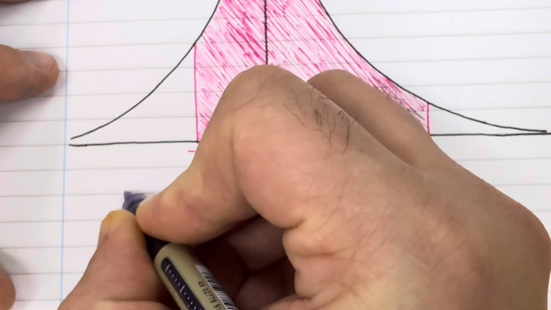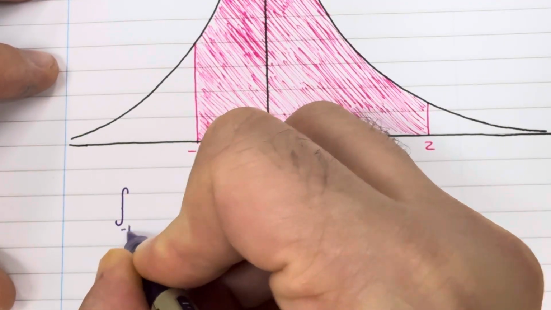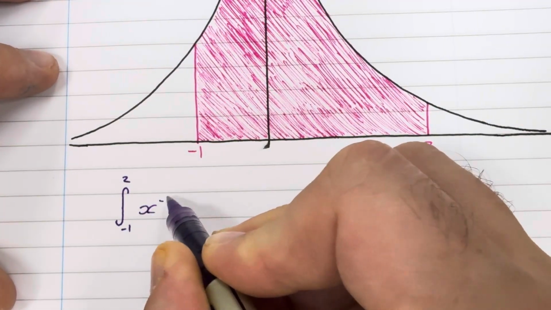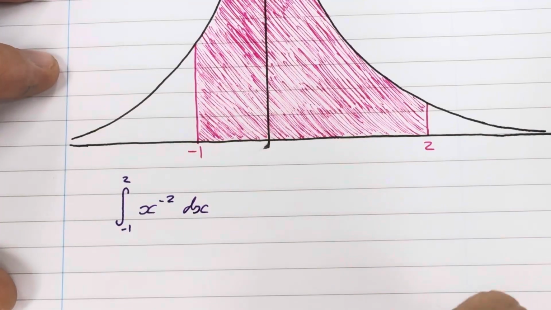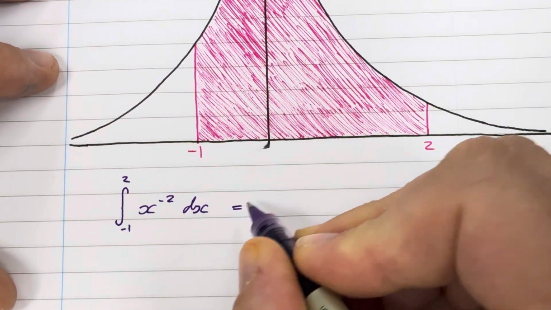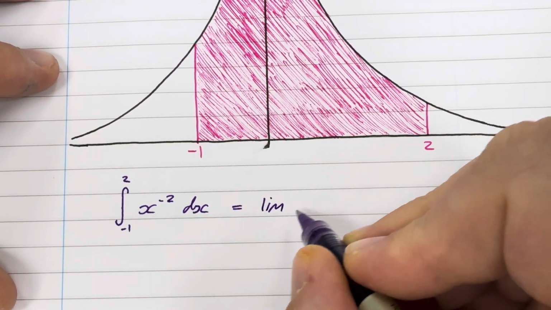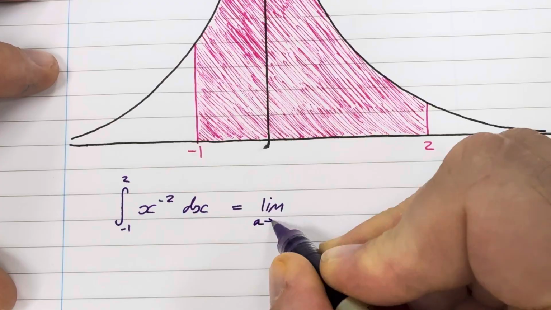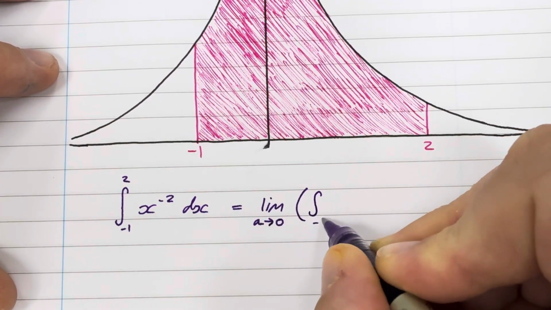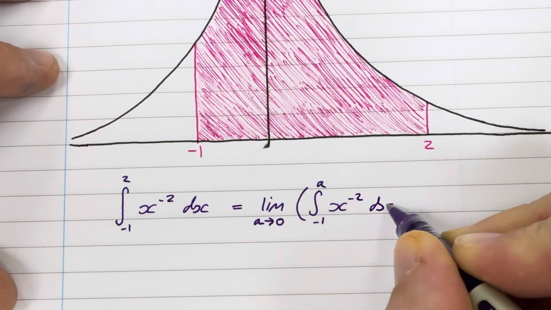So when you're dealing with an improper integral that has a vertical asymptote, so in this case it's when x is 0, then what we need to do is split the integral up into two pieces if the asymptote is in the middle, like it is here. And we're going to take a limit as a tends to 0 of the integral from minus 1 to a of x to the minus 2 dx.